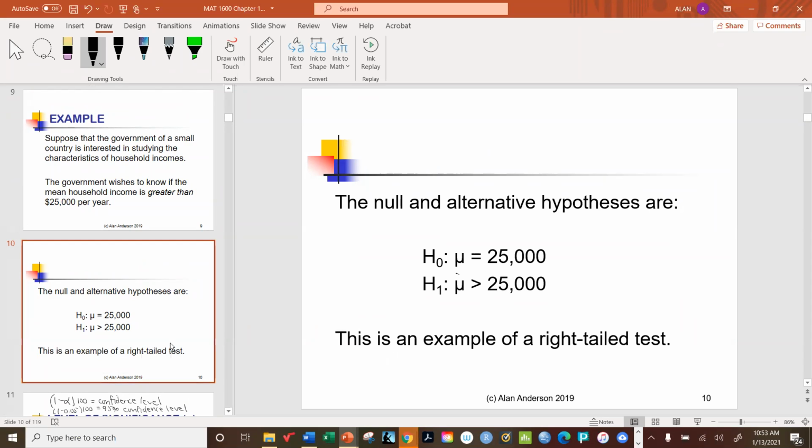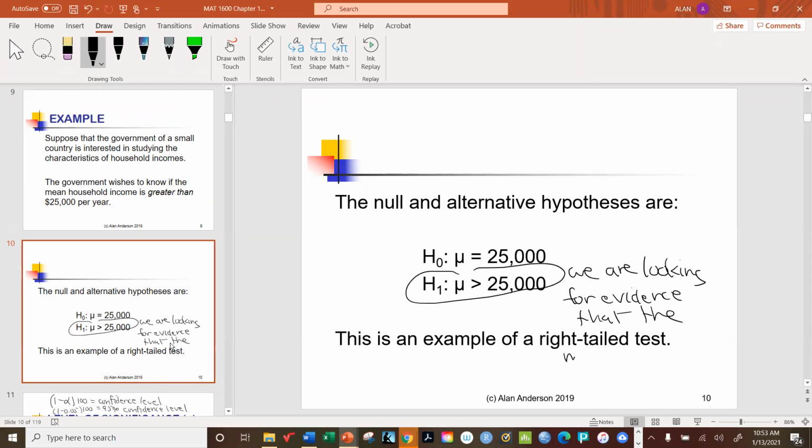Now we chose this one because we are looking for evidence that the mean is greater than $25,000. Okay. Now, by the way, I do want to point out some books actually do write less than or equal to here. This implicitly includes everything else.